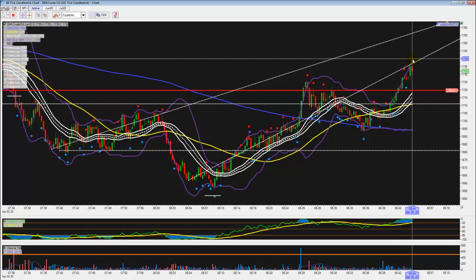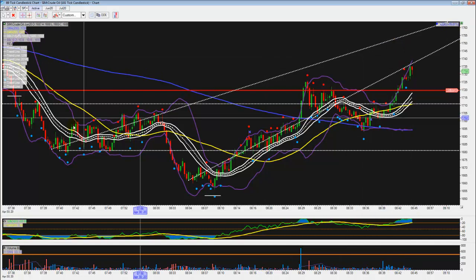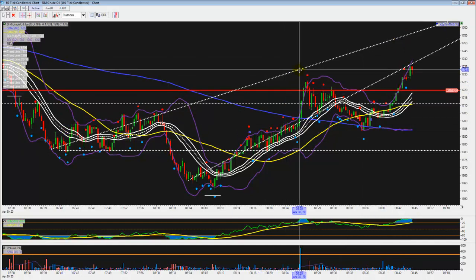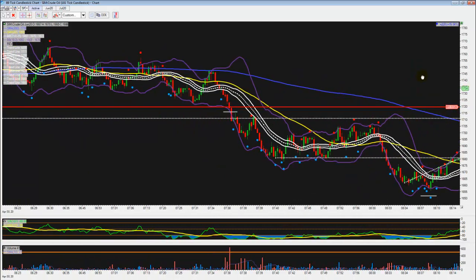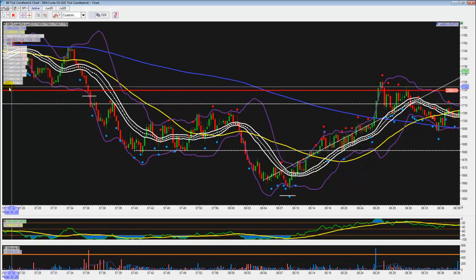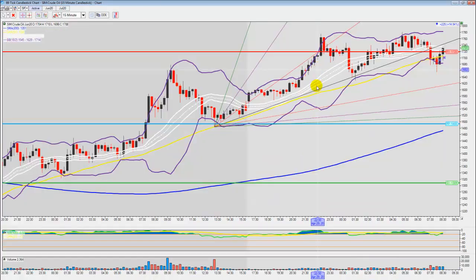So looking pretty strong there. They moved up 1735. So see our trend lines. This one here, not really active. Let's get rid of that. What we want to do is find that 45-degree angle. Getting close to it right there.